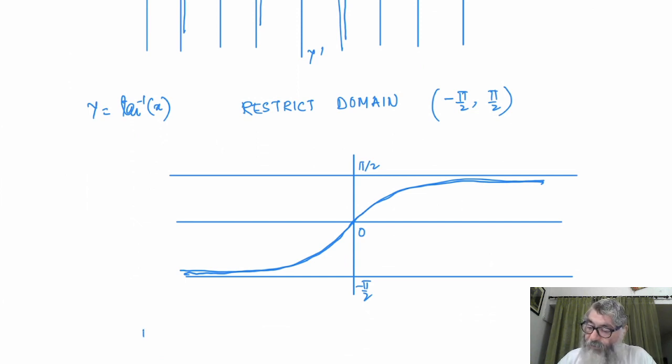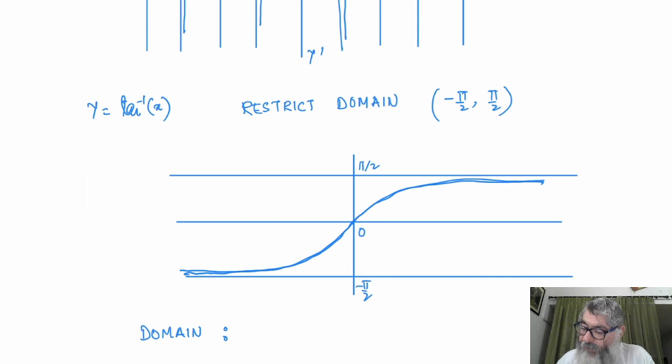Now let us write what is the domain. Domain is the set of values which the function can take at x. It is going from minus infinity to plus infinity. Wherever you take a point on the graph of tan inverse x and you drop a perpendicular on the x-axis, you will get a point, you will get a value.